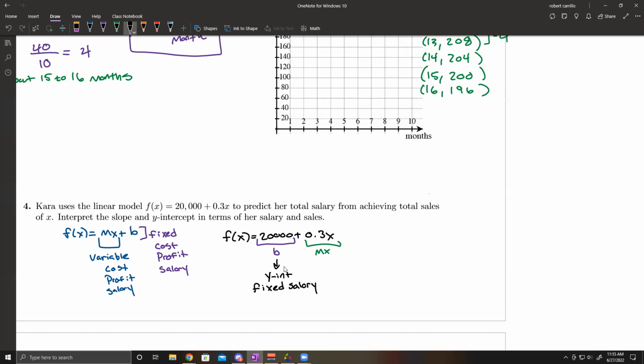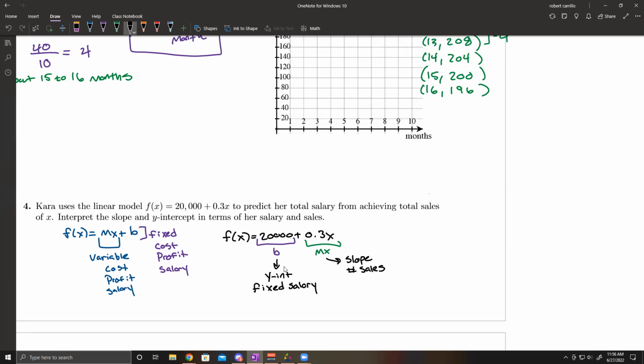But now, let's say that she loves making sales. She knows she's going to get $20,000, but why not add on to that? So this is the next part. It's her variable salary, right? So it's going to be whatever sales she makes is going to add that on top of her salary. So this mx, this is our slope, and it represents the number of sales she's going to make. So this is going to be the number of sales and the amount she gets multiplied by sales.